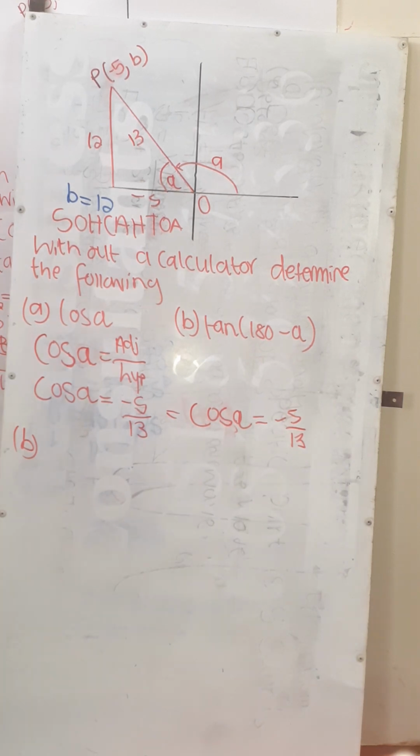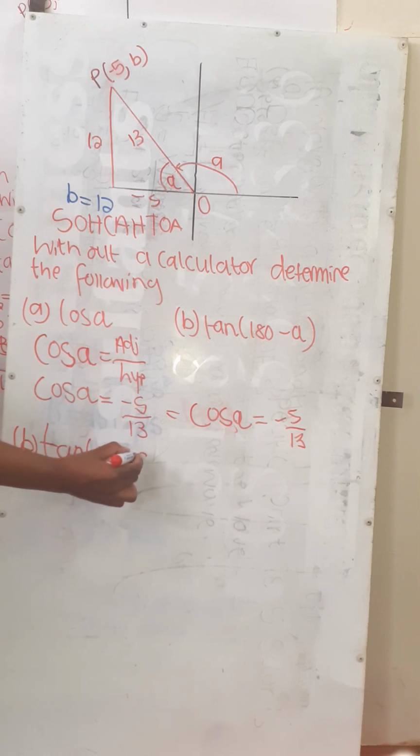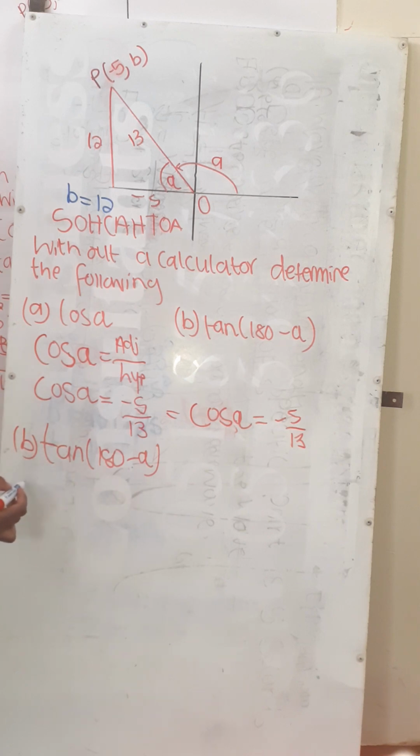Right? So we are going to write it like this: tan of 180 minus alpha equals negative tan alpha, because tan is negative in that quadrant.